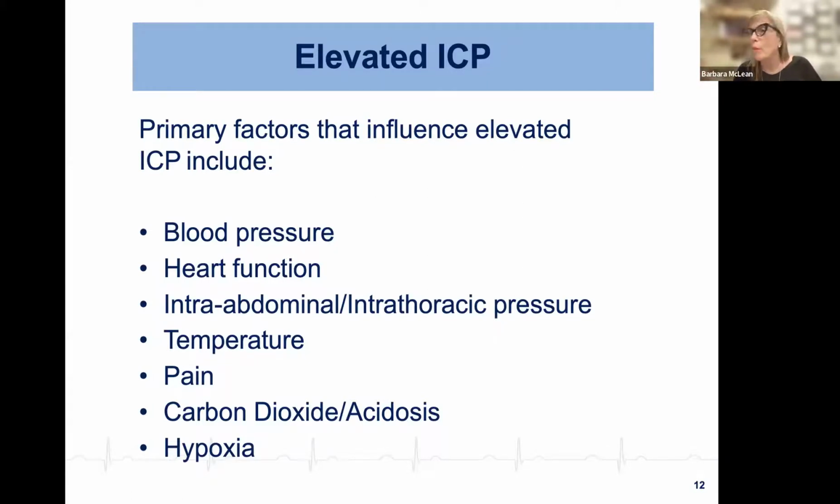So you might remember 20 or 30 years ago, if any of you were around at that time, one of the first things we did for somebody who had elevated ICP is we would hyperventilate and blow off their CO2 down to about 20. Well, the problem with that is when you were blowing off all that CO2, they would vasoconstrict, and now they didn't have good blood flow delivering oxygen. So now we're much more cautious. We typically like to keep patients with a PaCO2 of around 32.